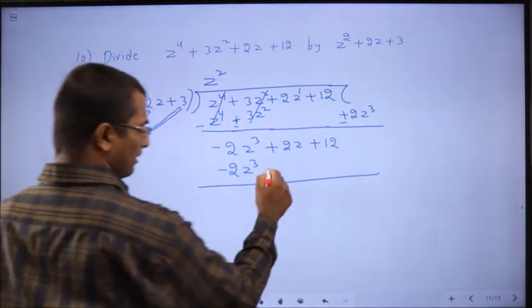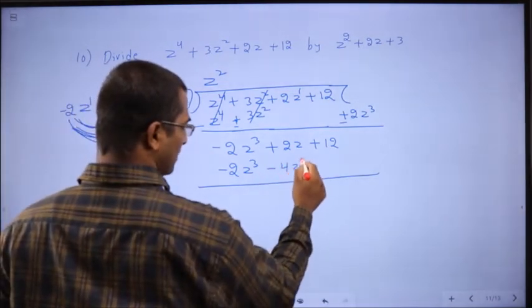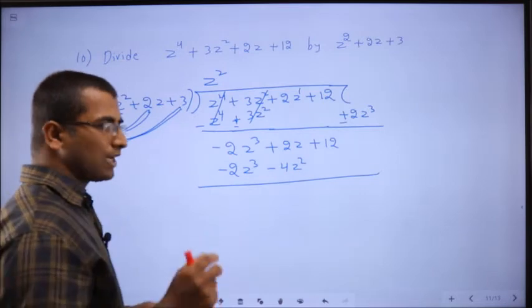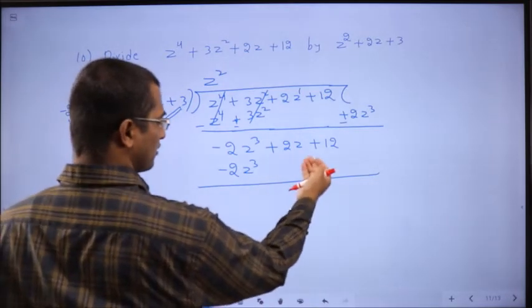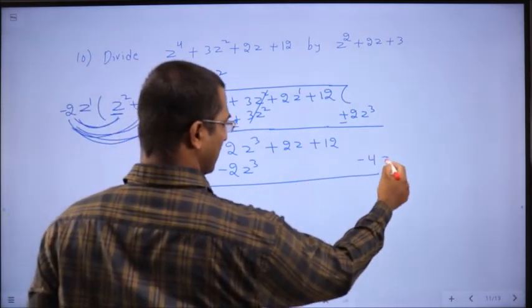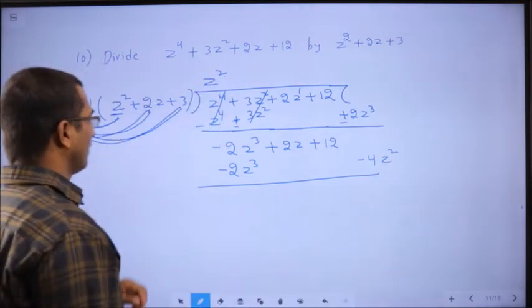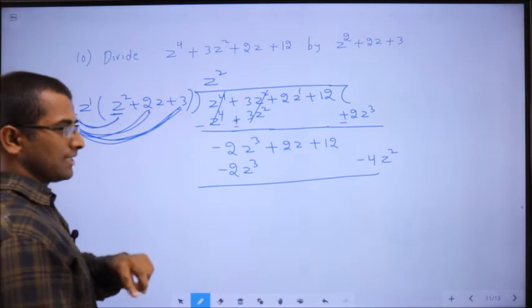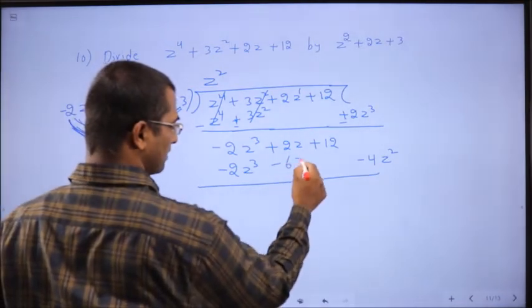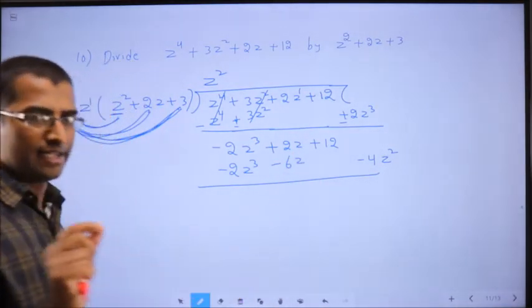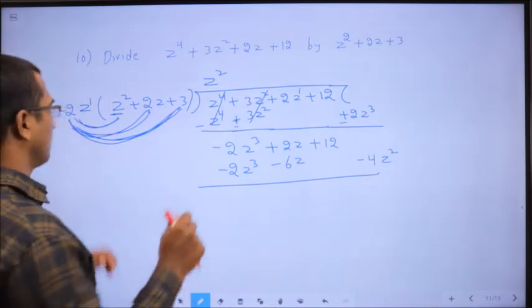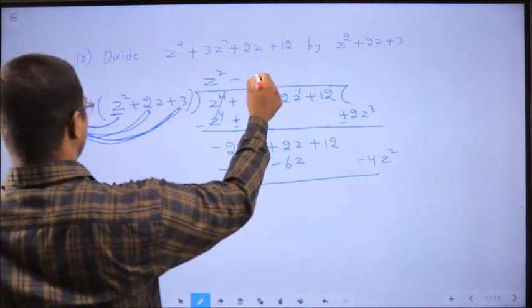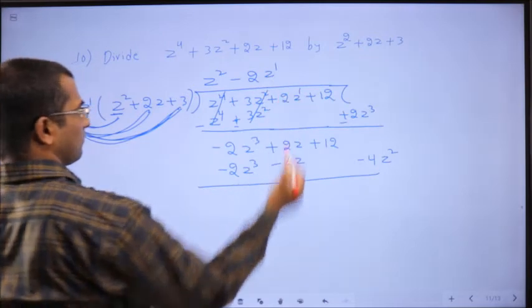Okay. Don't write minus 4z square here because both are not like terms. So write minus 4z square separately. Next, this into the third term resulting in minus 6z. Write that below this because these two are like terms. Now, second term of my quotient is 2z power 1.